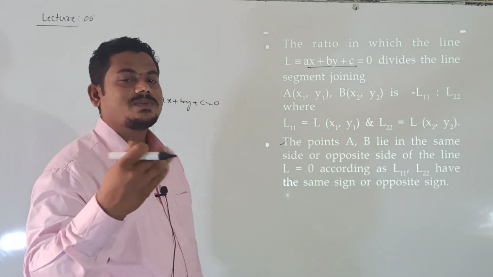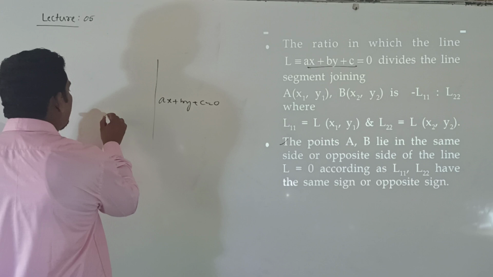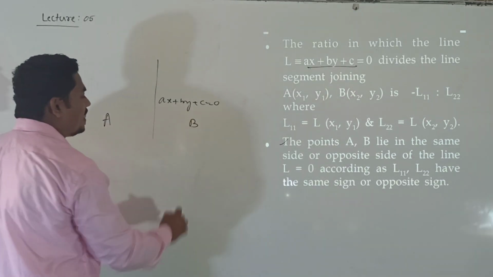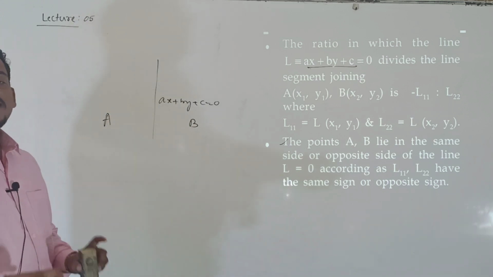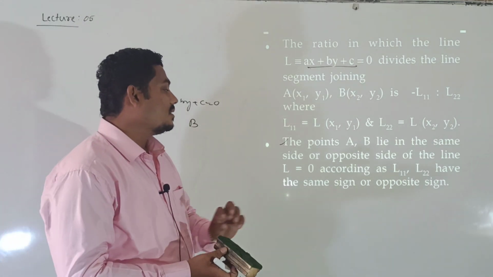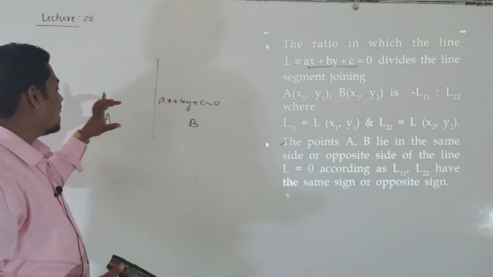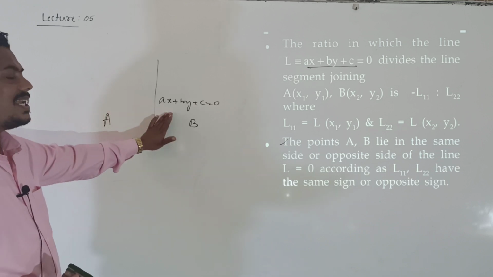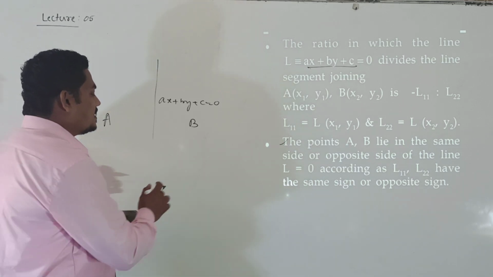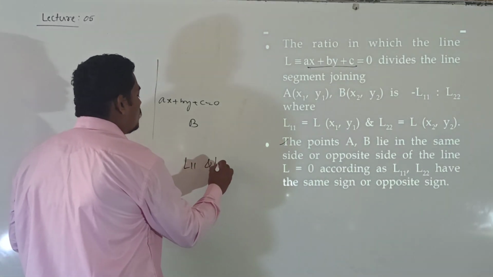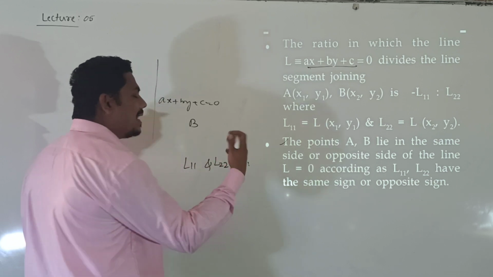Whether they lie on the same side of the line or opposite side. For example, suppose point A and point B, clearly these two lie on opposite sides of this line. Suppose these two points lie on the same side of this line, then L11 and L22 have the same sign, either both positive or both negative.